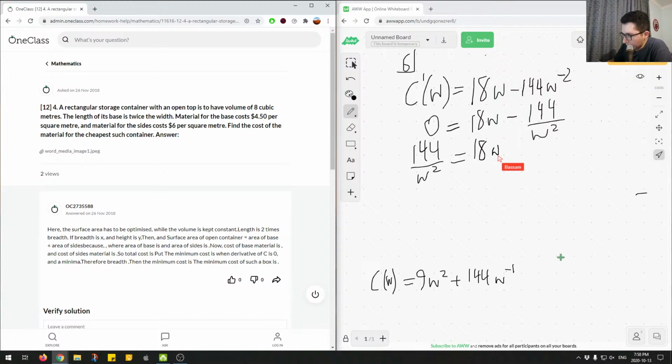So we'll divide both sides by 18 and we'll multiply both sides by W squared. So we'll end up with 144 divided by 18 is equal to W cubed. Therefore we know that W is the cube root of 144 over 18. So I wonder if this divides out visibly.